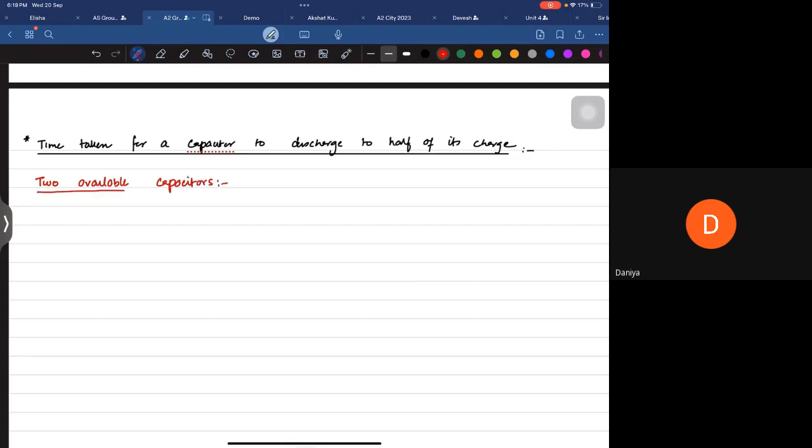It's basically not much information about it is available yet. There's just one exam about it or two maybe, and we still need to figure out. So one capacitor is 1,000 microfarad, and the other capacitor is basically 2,200 microfarad. So these are two capacitors that are available. Okay.